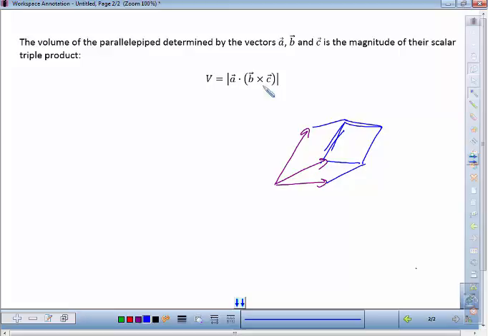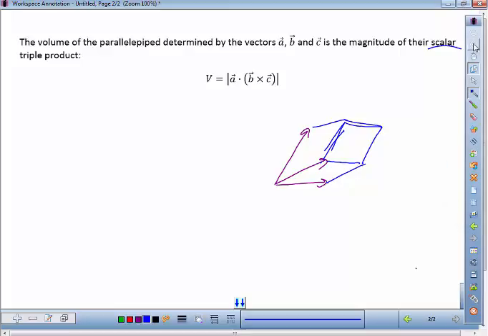And then your result is a scalar, so that's why they call it a scalar triple product. I don't know if we'll do an example of that.